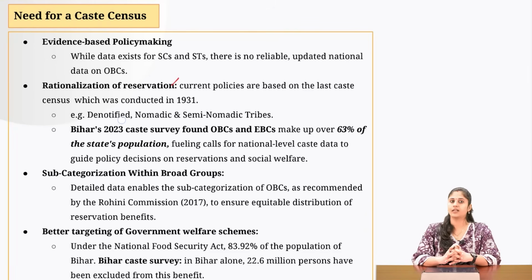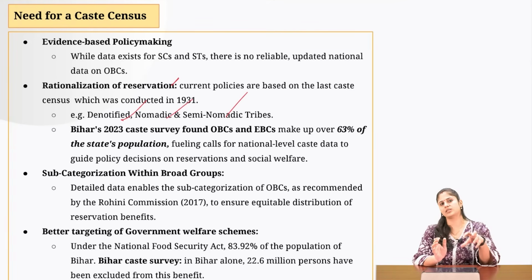Based on the data collected under the caste census, the government can rationalize the reservation quota for different castes as well as subcastes, because there are certain castes which are not able to get the benefit of affirmative action, for example denotified, nomadic and semi-nomadic tribes, and there are certain subcastes of a particular major caste which are taking away all the reservation benefits. So we need the data on a regular basis so that we can rationalize the reservation policy as well.